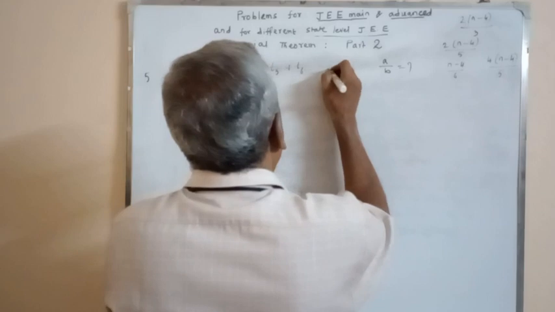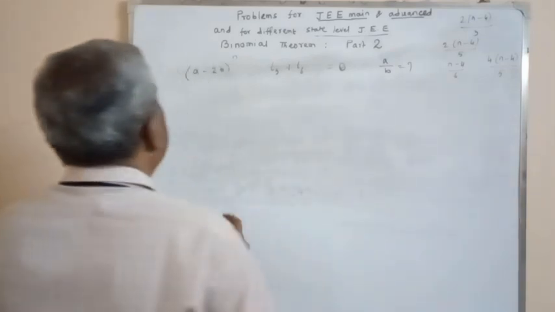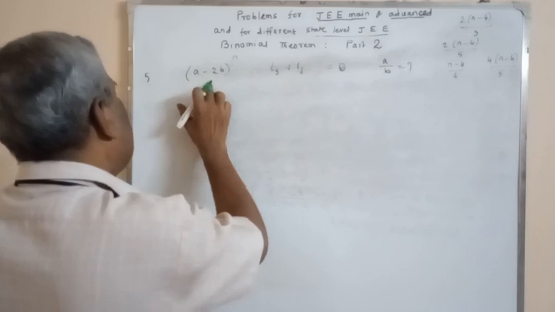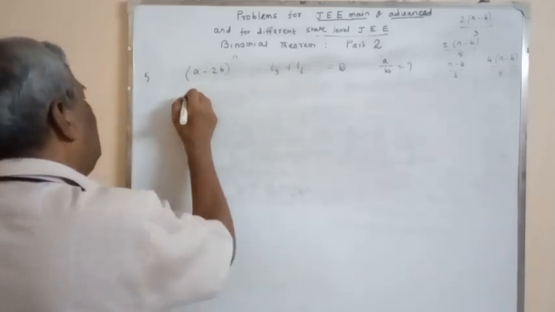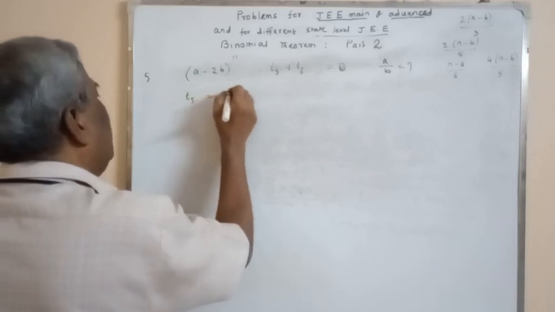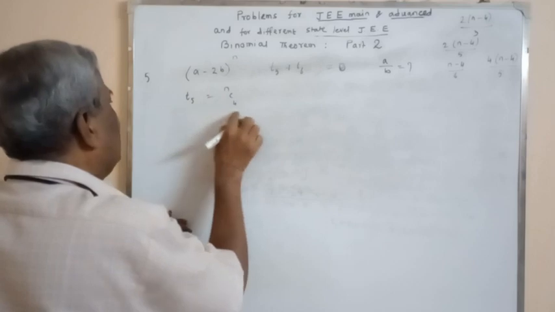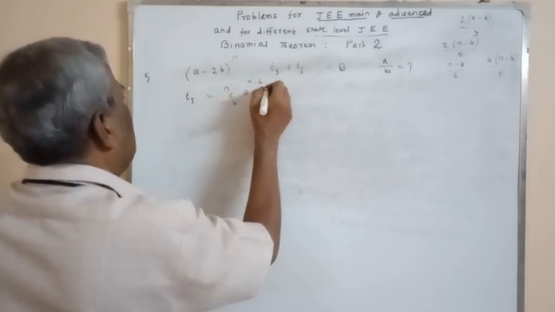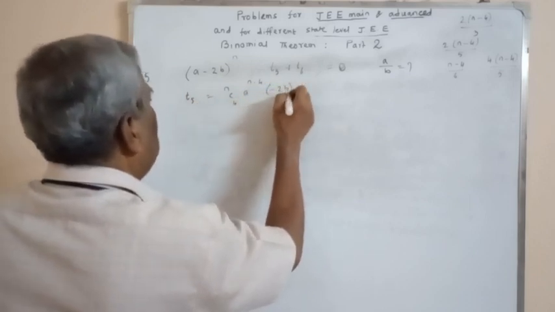Then to calculate a by b, now for this expansion T5 is equal to nC4, just one less than that, first term to the power n minus 4 into second term, here minus 2b, to the power 4.